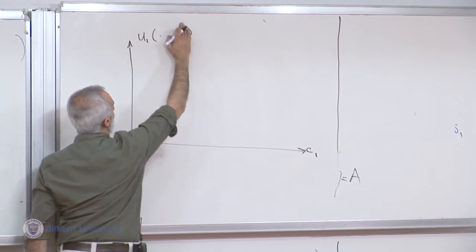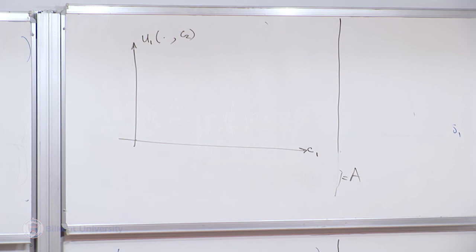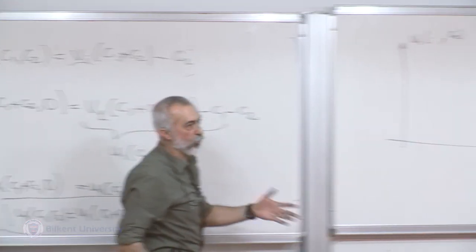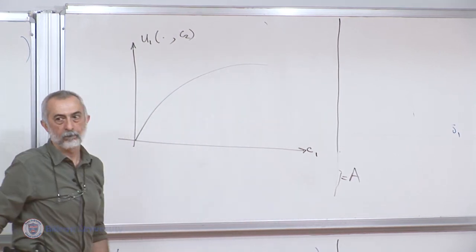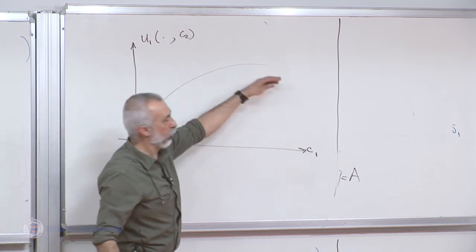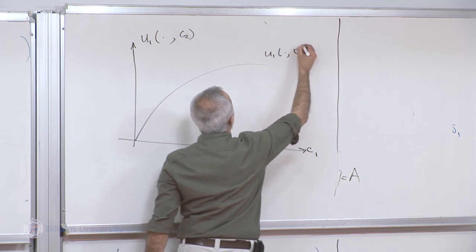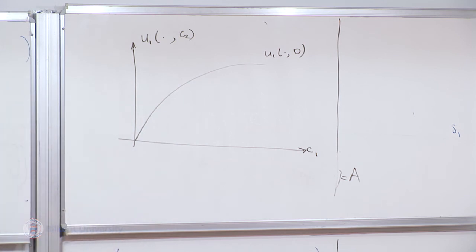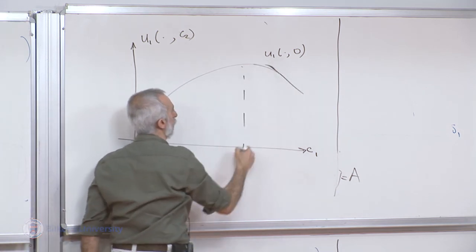We know that given any C2 here, we have a strictly concave function of C1. I don't know what the exact shape is, but let me just draw something maybe like this. It might be going down, it might go up like that. Let's say that this is U1 of 0. Actually, let me make it even simpler. So we have a maximizer here.